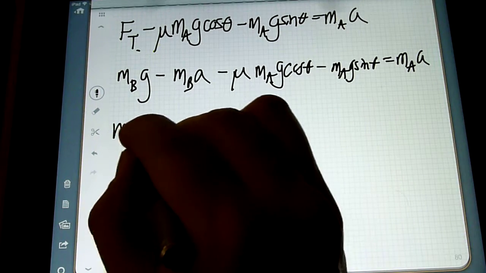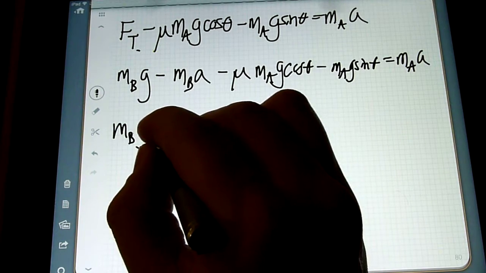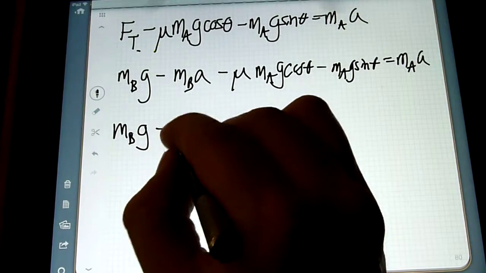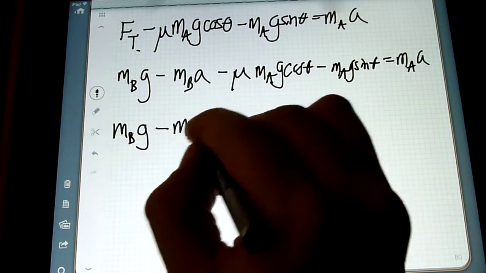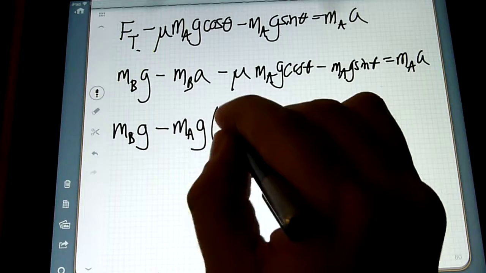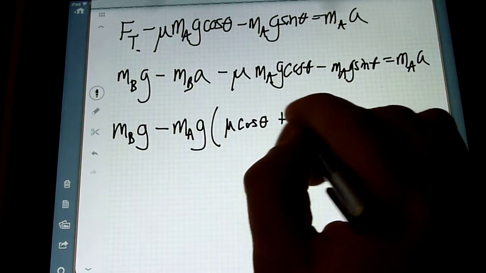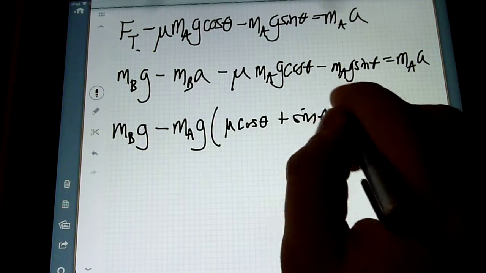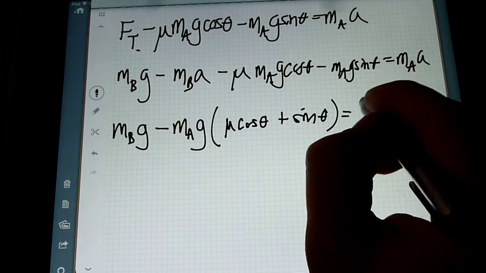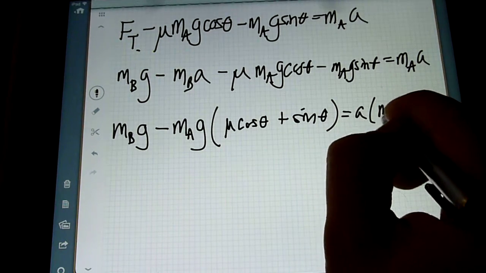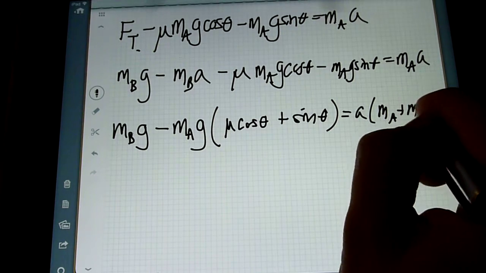The mass of block B times g minus the mass of block A times g, and then in parentheses I'd have mu cosine of theta plus sine of theta. It's going to equal a times the mass of block A plus the mass of block B.